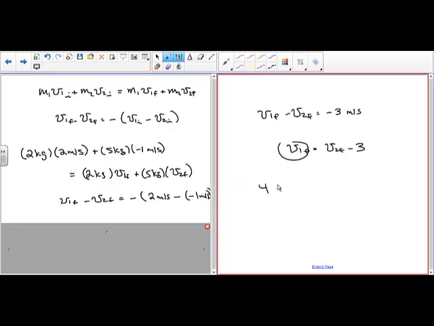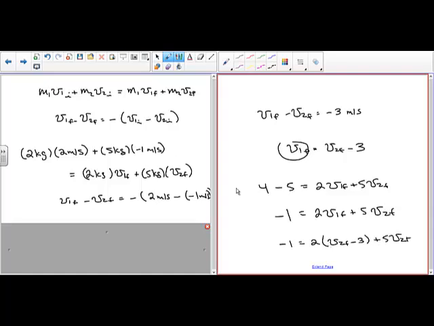But before I do that, let's rewrite this without all the units. So you're going to have 4 minus 5 is equal to 2 V1 final plus 5 V2 final. So we get negative 1 is equal to 2 V1 final plus 5 V2 final. And then if I substitute this in for V1 final, I'll get 2 times V2 final minus 3 plus 5 V2 final.